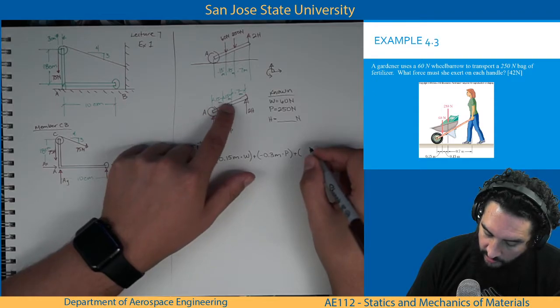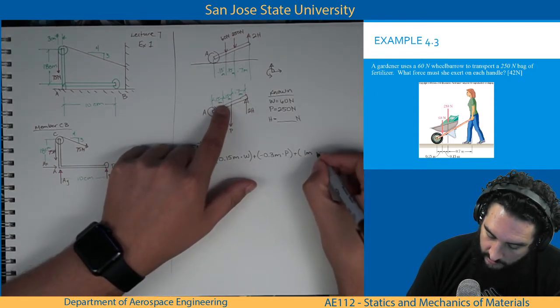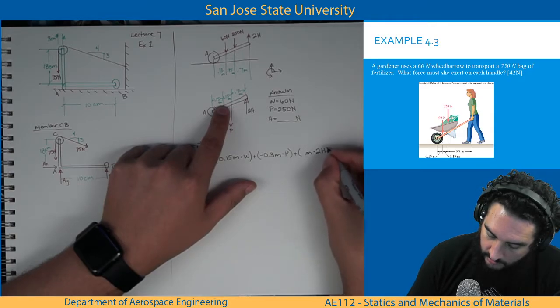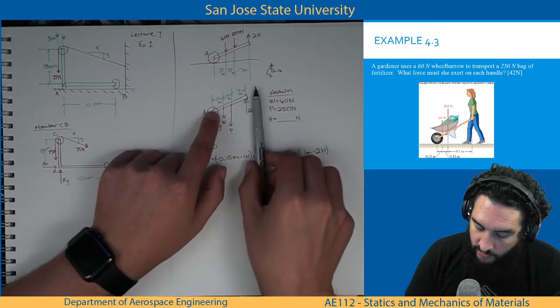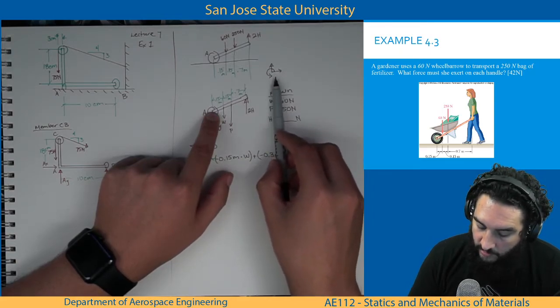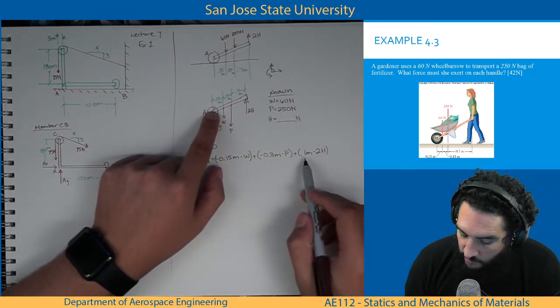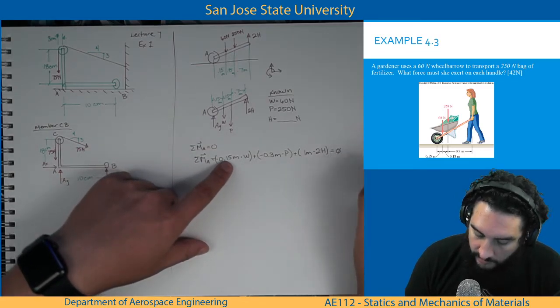The moment arm is 0.3 plus 0.7, which gives us 1 meter, times 2H. Since this produces a positive moment, a moment that agrees with our positive denotation, this will remain positive, and this will all equal 0.